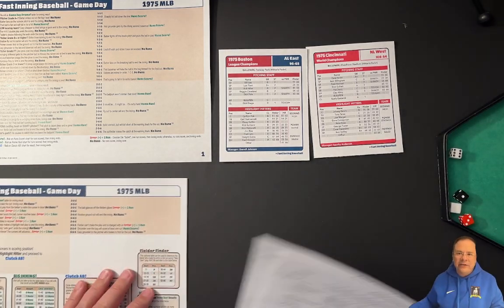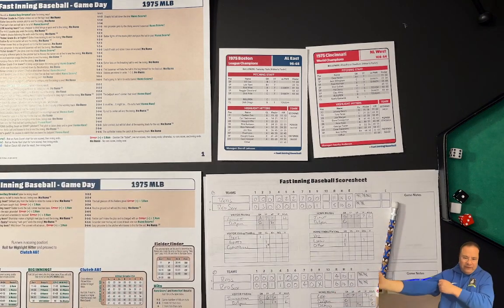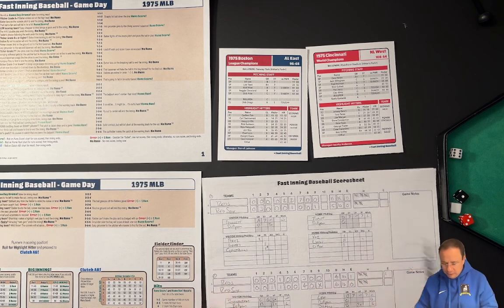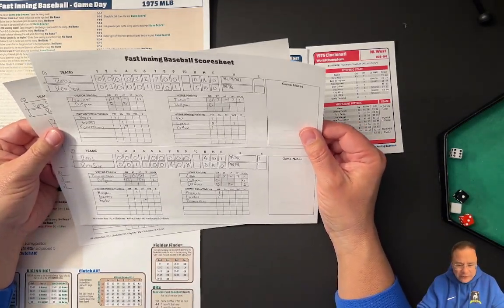And there you go. So, 48 minutes later, we have a much different result on our tabletop than real life, with the Red Sox winning the 1975 World Series 4-1.